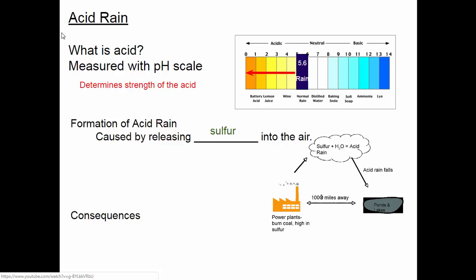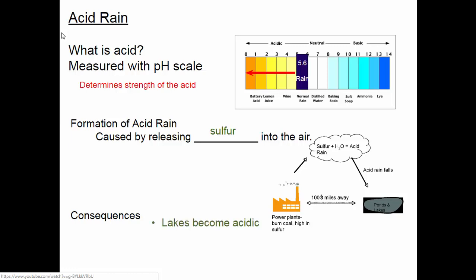And so when sulfur and nitrogen are released into the atmosphere, they go through a chemical reaction. They combine with water to form sulfuric acid or nitric acid. And when that falls to the earth as rain and snow and sleet, it has a lower pH than normal.